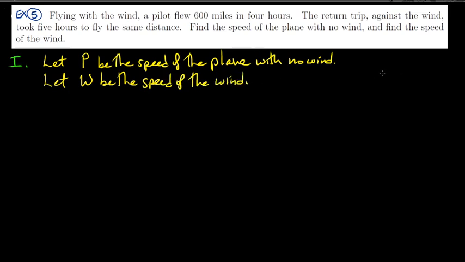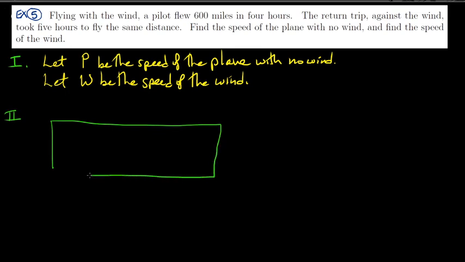So it's the same situation we have, except instead of a current, it's wind, and instead of a boat, it's a plane. But it's the exact same idea. So this is a motion problem. We're going to use a table here. We don't say upstream and downstream here.